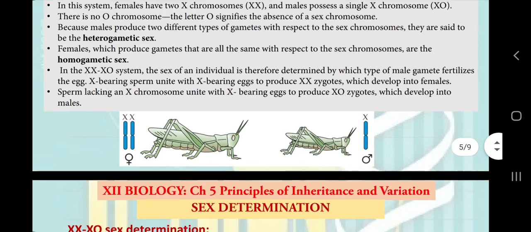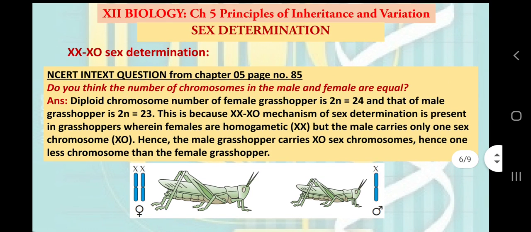So on the basis of this discussion, let's solve one in-text question from chapter 5, which you can find on page number 85. The question was, do you think the number of chromosomes in the male and female are equal in the case of grasshopper?